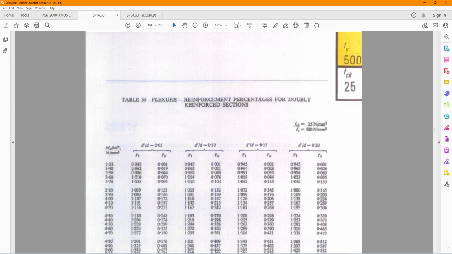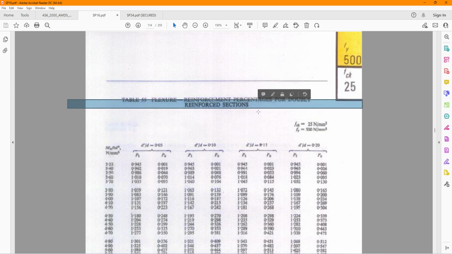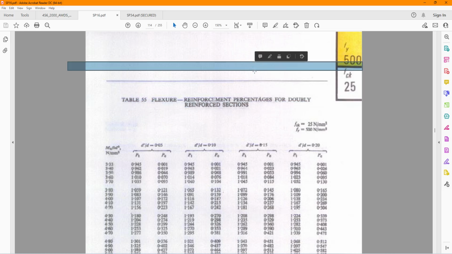So this is table 55, flexure reinforcement percentage for doubly reinforced sections. Here you have grade of concrete 25, that is fck 25, and grade of steel Fe 500, so fy value 500.